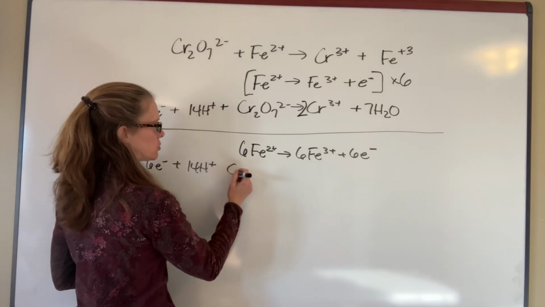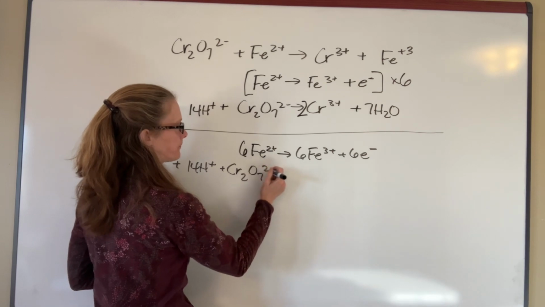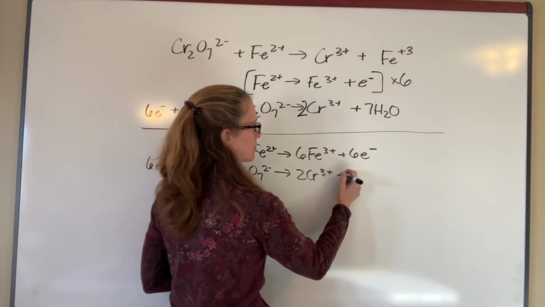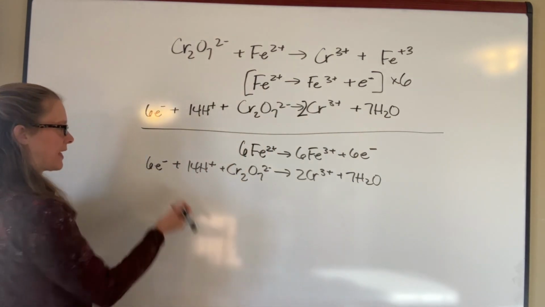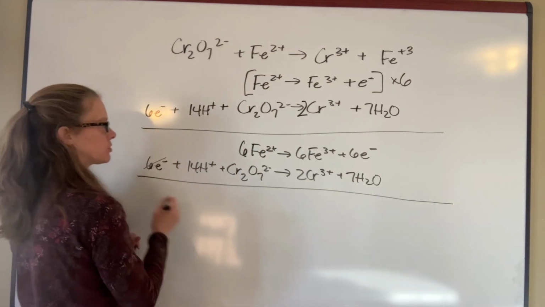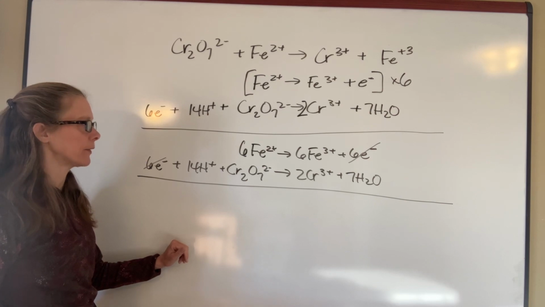The second equation, we had left just the way it was. We didn't need to multiply through. Okay, and then once I have that, now I can add them together. I have 6 electrons on the left and 6 electrons on the right, and they're going to cancel out.